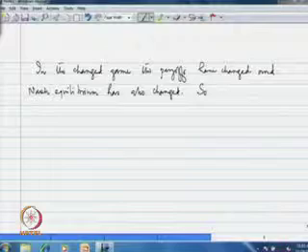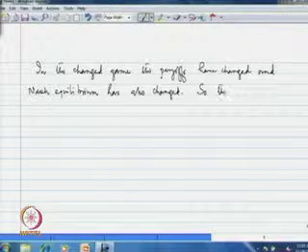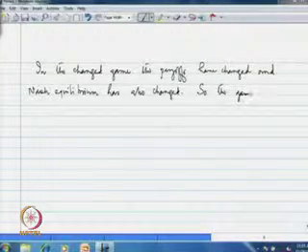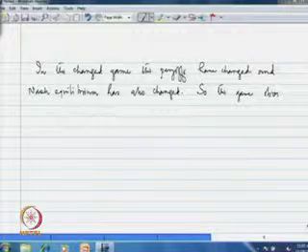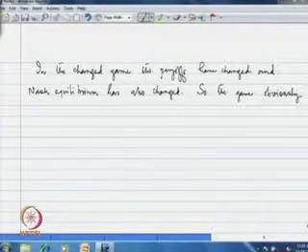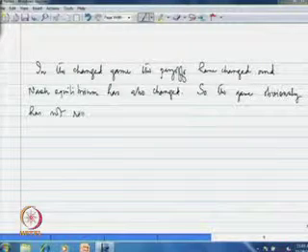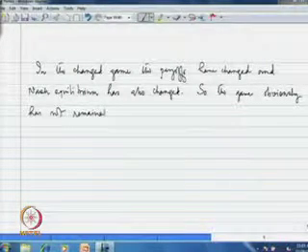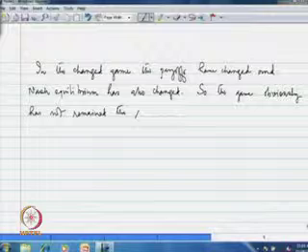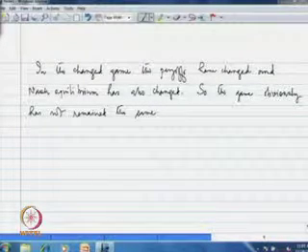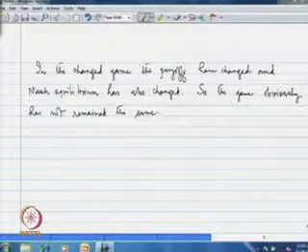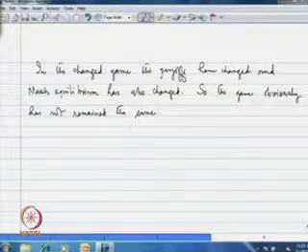Therefore, the game obviously has not remained the same. So, that is it. The game has not remained the same.